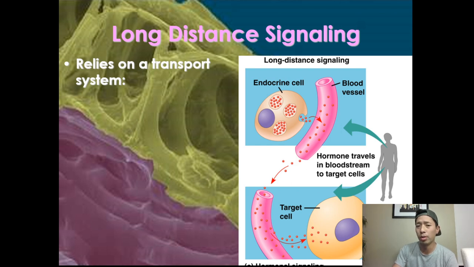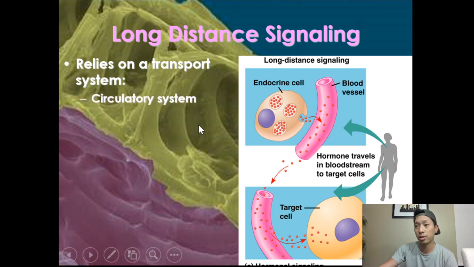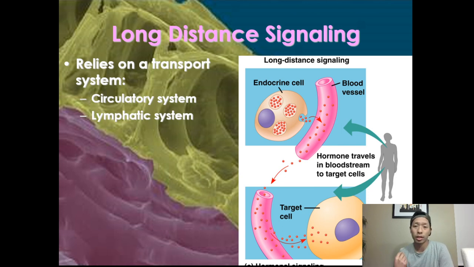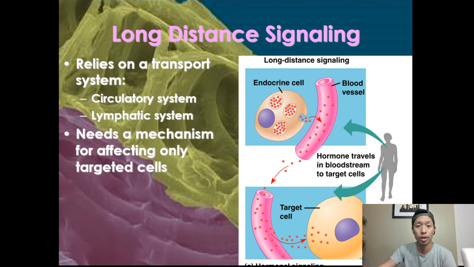So you want to know: hormones are chemical messengers that are carried through the bloodstream. As I mentioned, it relies on a transport system, which is your circulatory system, but it can also be that other system, the lymphatic system. That's the set of tubes that your white blood cells use to move around between your lymph. Hormones can also travel through that.